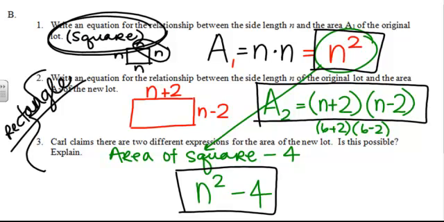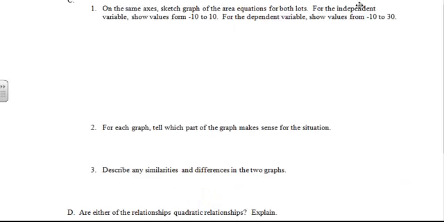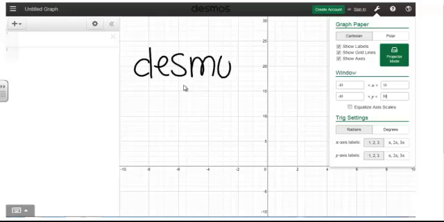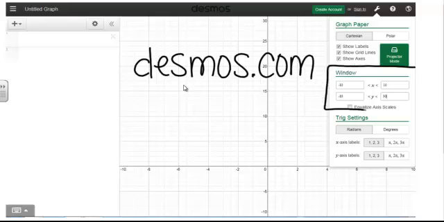So if you read in your notes, it tells you how to make the window for the independent variable. You want to go from -10 to 10, and for the dependent variable from -10 to 30. So go to desmos.com, DESMOS, and you want your window to be set up just like it tells you in your notes.